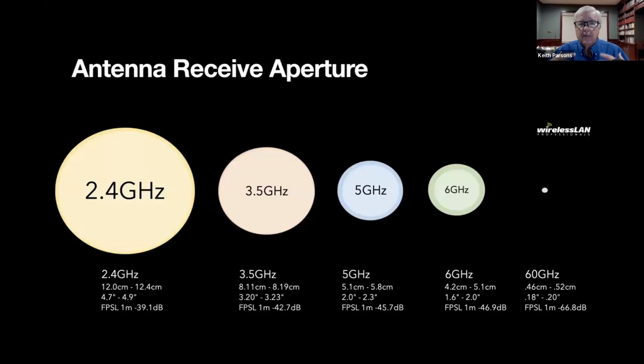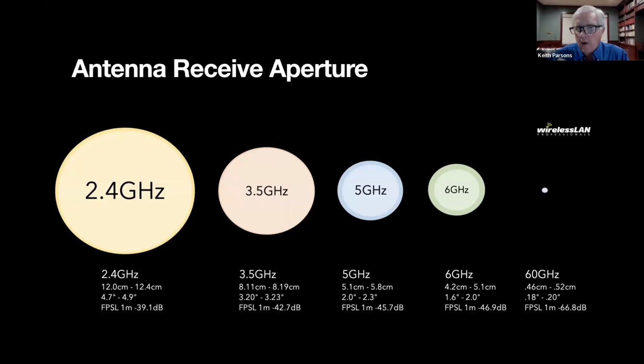So that wavelength matters. The physical size of the radio wave we're talking about has an aperture. The radio wave is a certain size. The antennas, in order to tune an antenna to that frequency, also need to match that size.